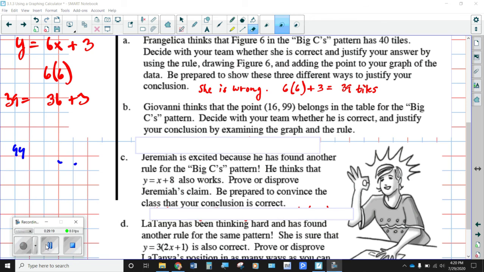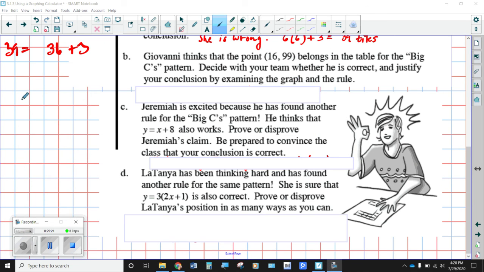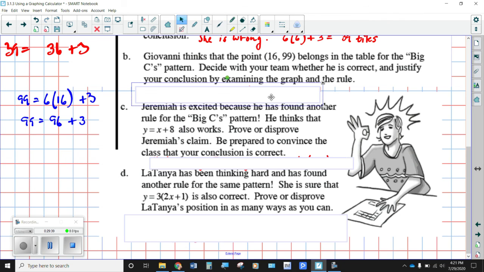I'll be right back. Okay, let's try this again. Let's see if 99 is equal to 6 times x, which is 16, plus 3. This is 96, and is 96 plus 3 equal to 99? Yes, it is. So we can say from our rule that he is correct.